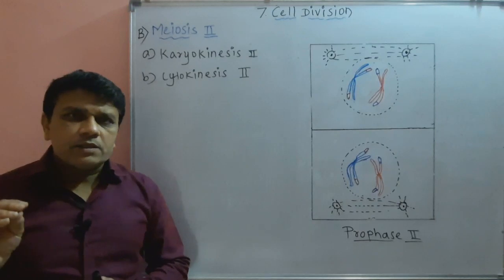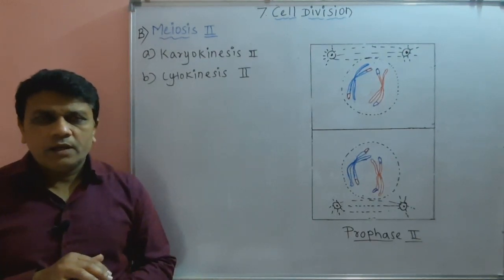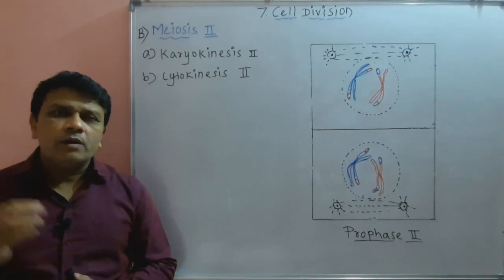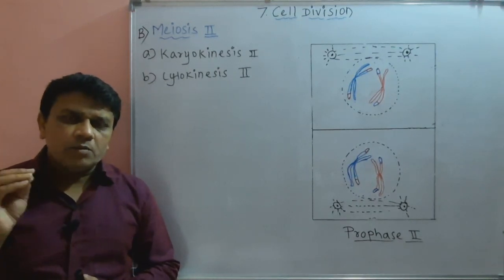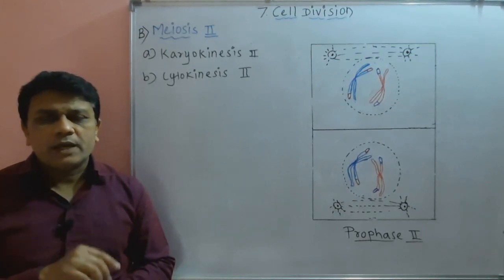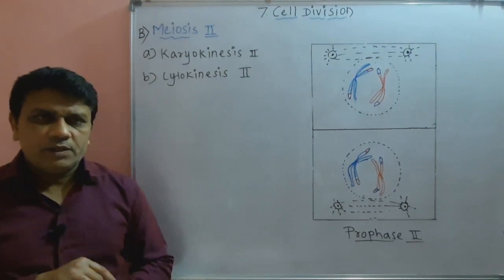The cells produced in meiosis second have the same chromosome number as the parent cells produced in meiosis first. Hence meiosis second is called homotypic cell division.